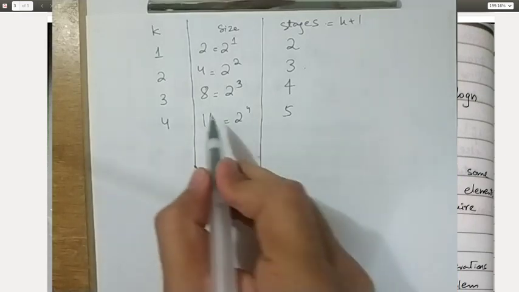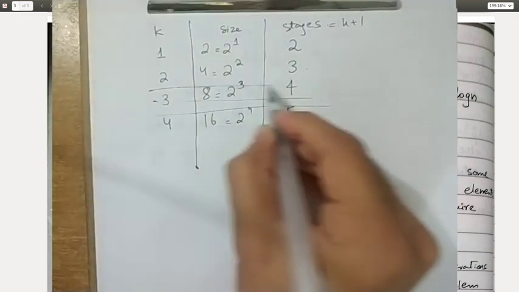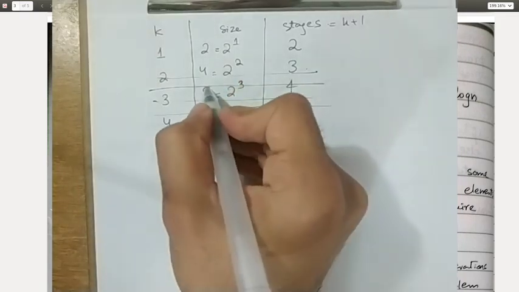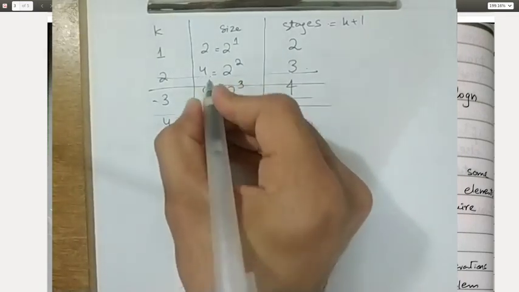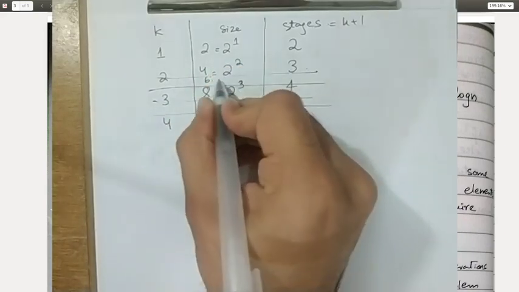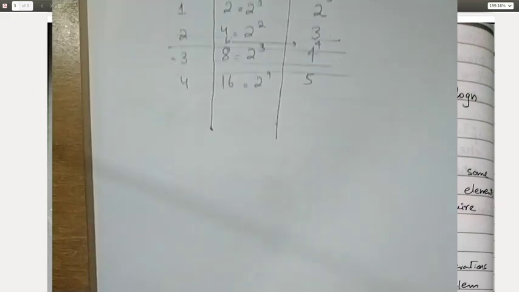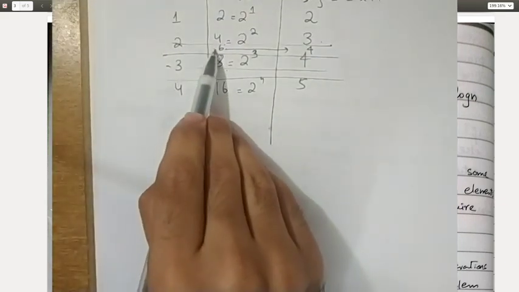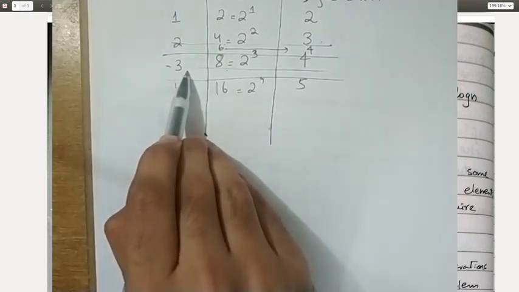Now the question is, what about the numbers in between? For example, if your size is between 4 and 8, let's suppose when we considered 6, we still got 4 stages. So whenever you have a number that is between any of these numbers, you will expand your list to the next possible value of k.